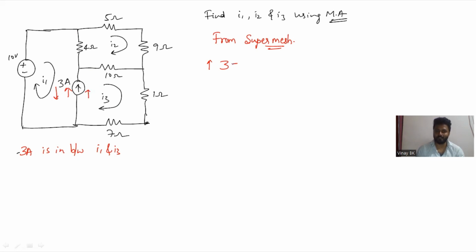So 3 equals I3 positive because of the same direction, minus I1 because I1 is flowing opposite to the 3 amperes. I'll rewrite it here: minus I1 plus I3 equals 3. This is equation 1 from the super mesh.